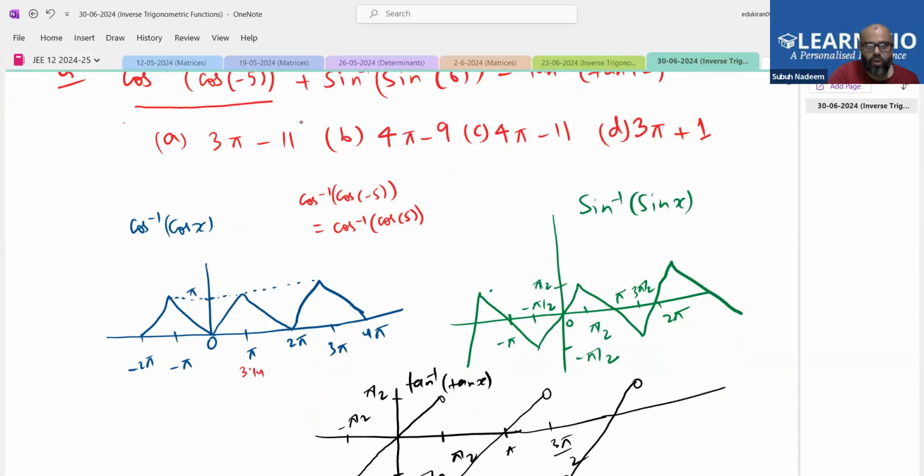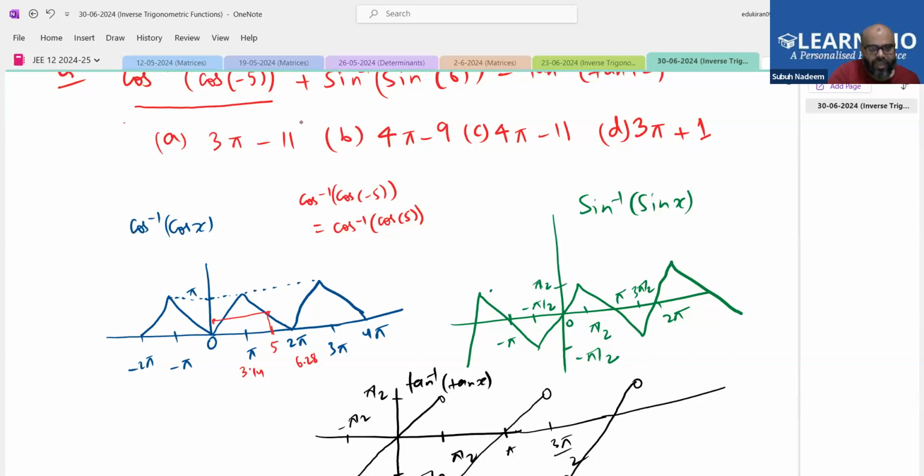It is in radian, cos 5 radian, and 2 pi is 6.28 radian. So 5 will be somewhere here, between pi and 2 pi. And at this point, what will be the value of cos inverse cos 5? This value you will have to find.